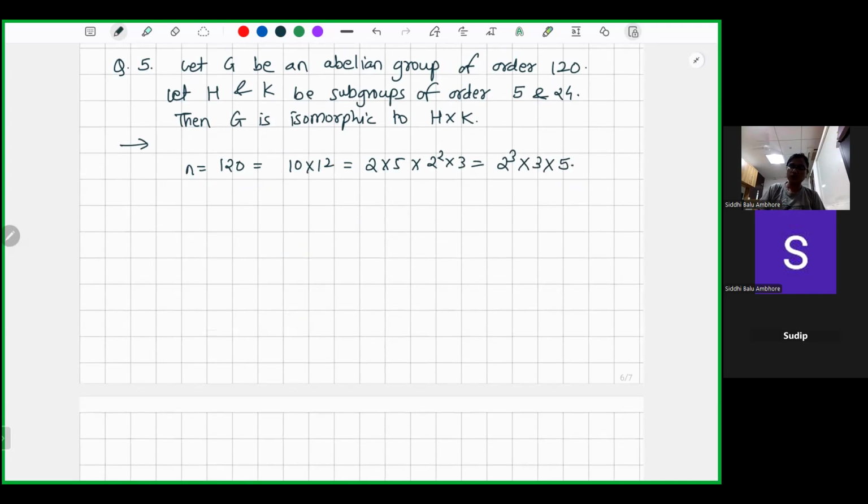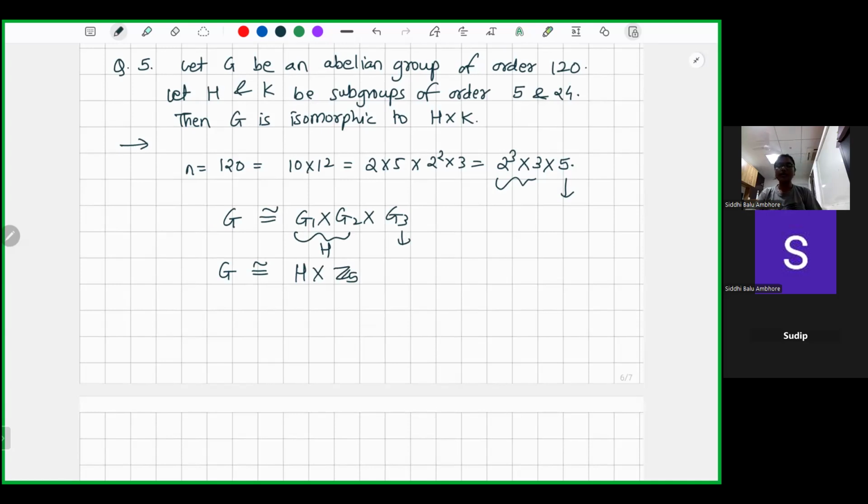So 5 has only the partition 1, and so we have to deal with this. So G will be isomorphic to G1 cross G2 cross G3. And here by default, if I club them as H, then this will be H cross Z5.